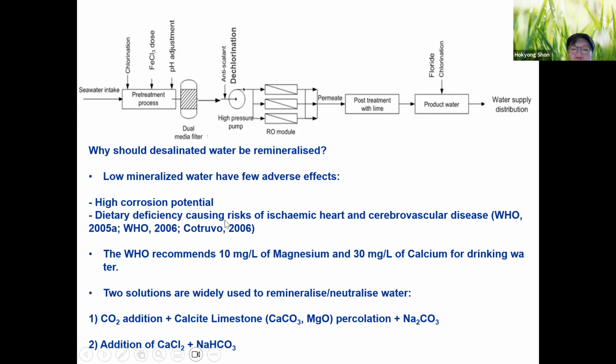Another is dietary deficiency, causing risk of heart disease; minerals like magnesium we have to keep drinking together, otherwise you may have heart disease. WHO recommends 10 milligrams per liter of magnesium.